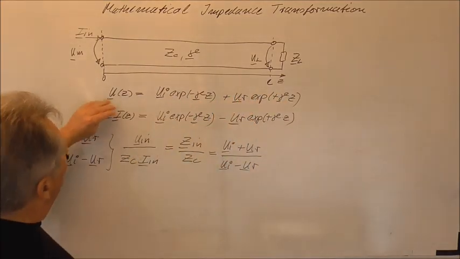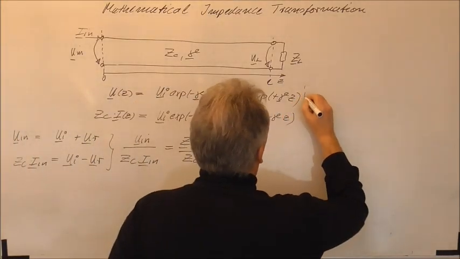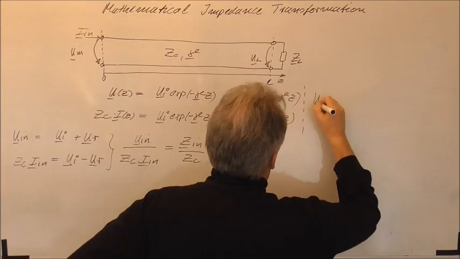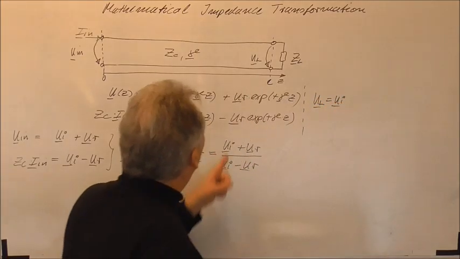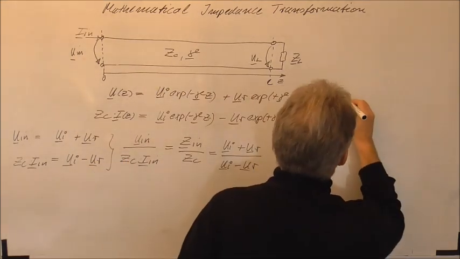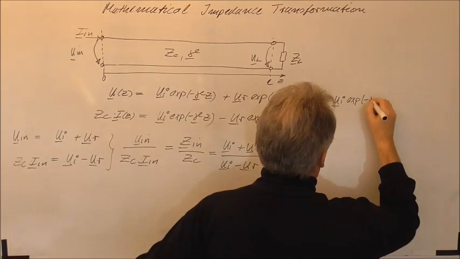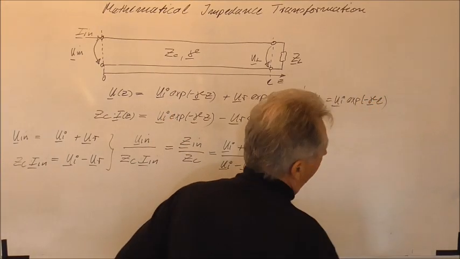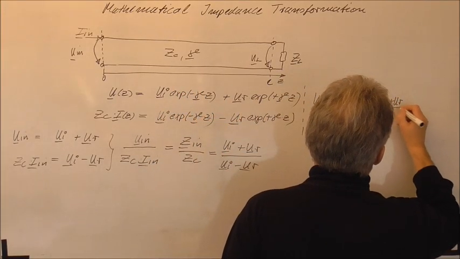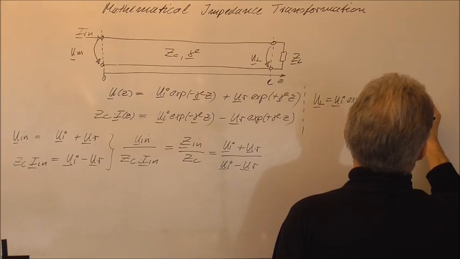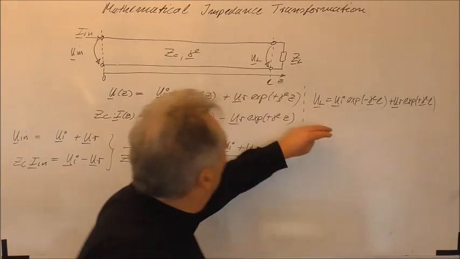And of course you see, if I use this equation, then the voltage at the load can be written as UL, equal to the incident voltage times the exponential function of minus gamma times L plus the reflected voltage times the exponential function of plus gamma times L.